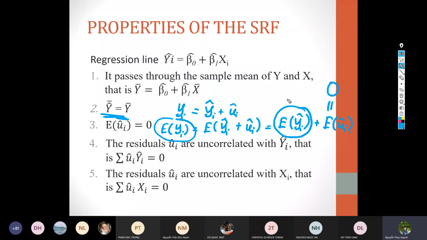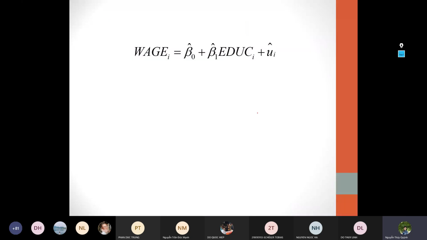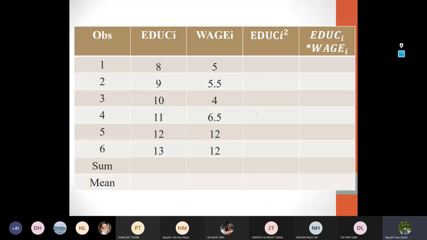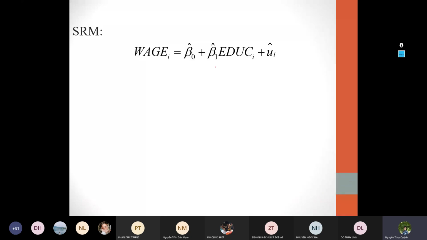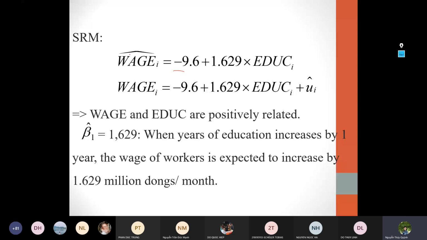You can check this by using this example. We have the sample regression model already. You just replace the years of education here and get the estimated wage, and you take the observed value of wage minus the estimated value of wage, then you will get the residual ui hat.